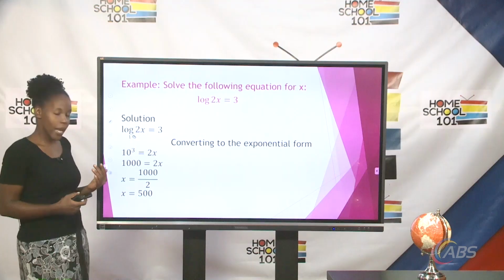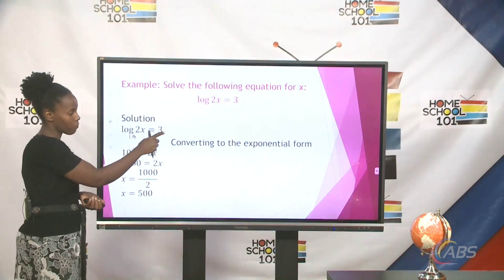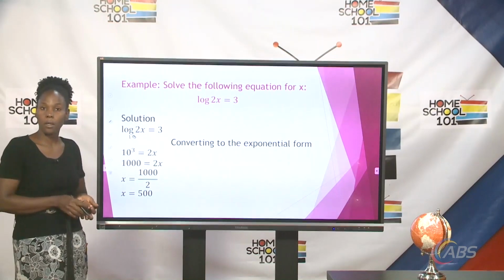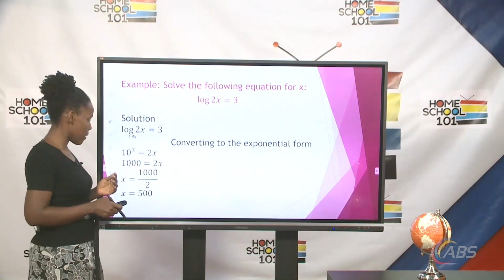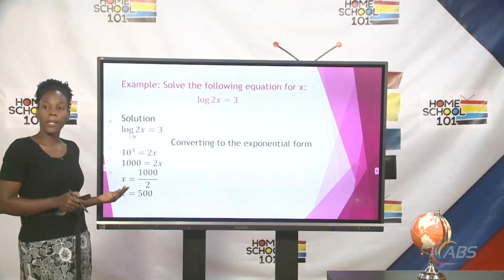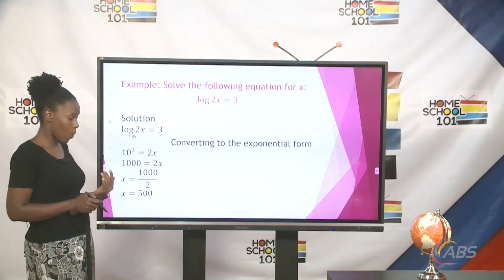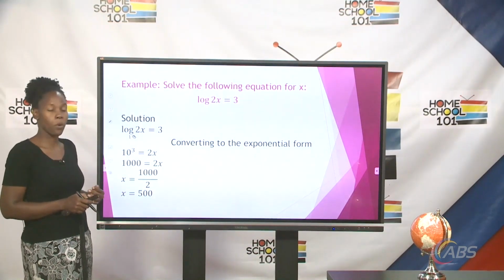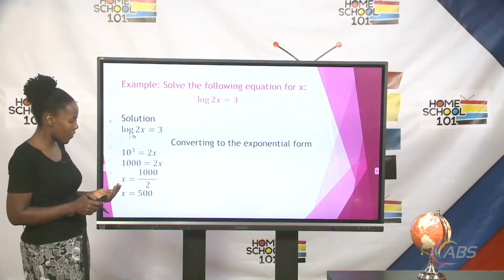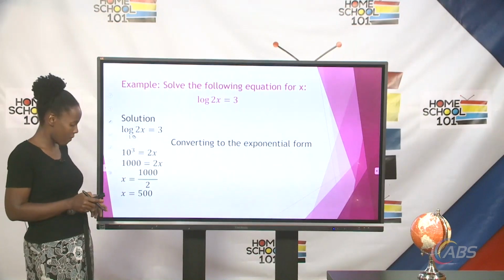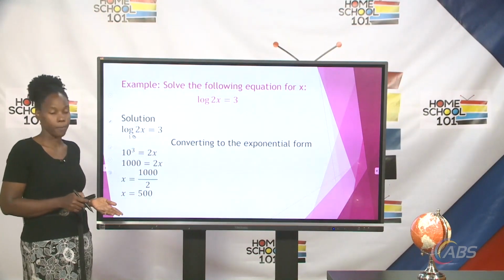To convert to the exponential form, it's simply the base raised to the power is equal to the 2x. So it becomes 10 to the power 3 is equal to 2x. 10 to the power 3 is the same thing as 1,000, so 1,000 is equal to 2x. Therefore, to find x, I divide 1,000 by 2, and that gives me a value of 500.